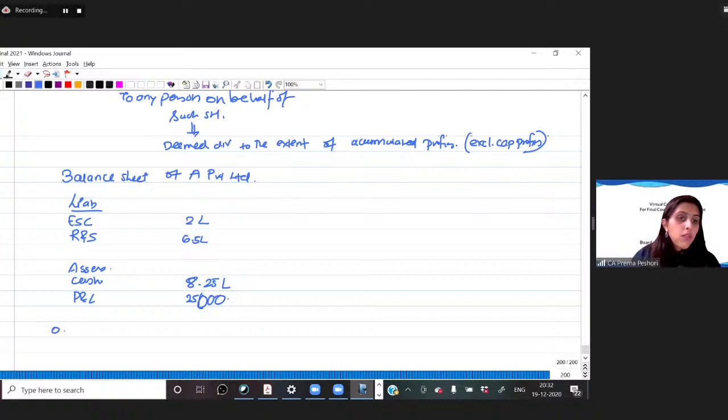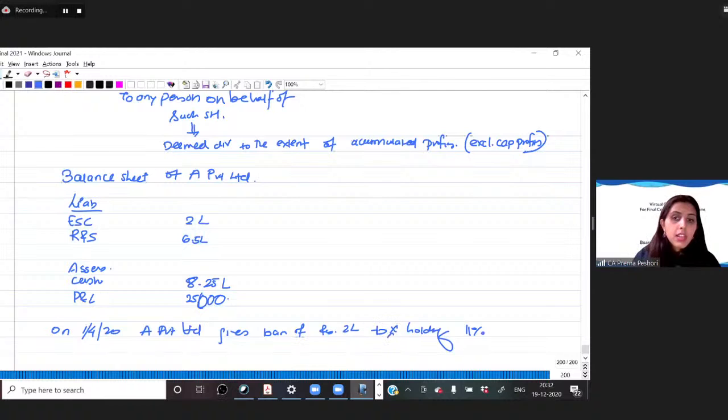On 1/4/20, A Private Limited gives a loan of rupees 2 lakh to Mr. X holding 11% voting power.